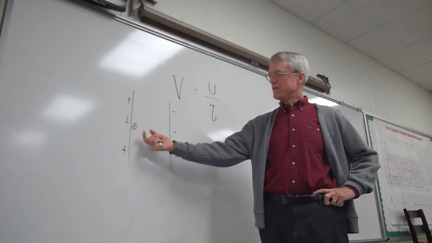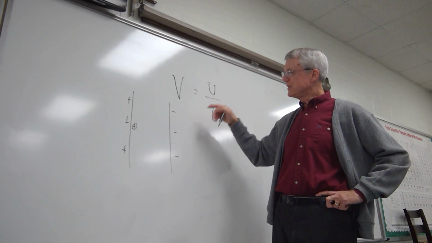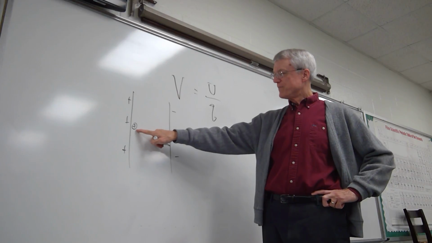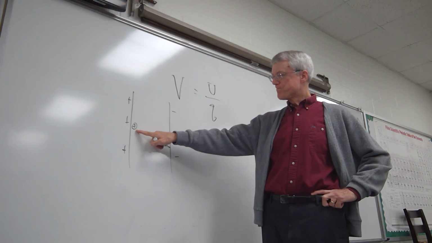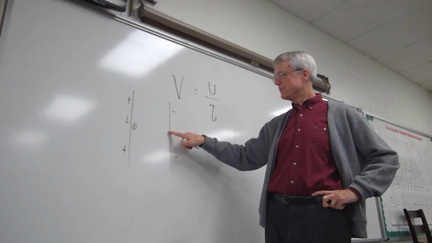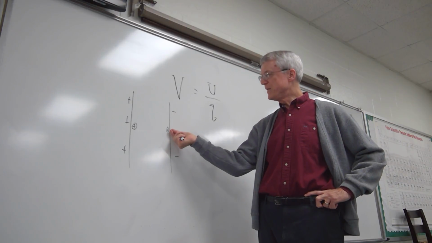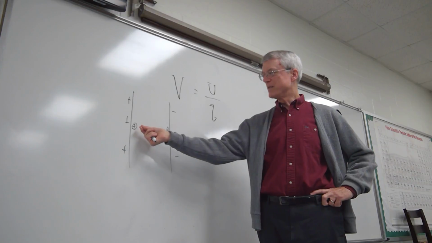Because if you just let go of it, it would move to the right. So it has potential energy, that's what the U is, and that potential energy would then start to turn into kinetic energy as it moved across, and it would stop over here. If you took a proton here and wanted to move it back, that would take work to get it back over there.